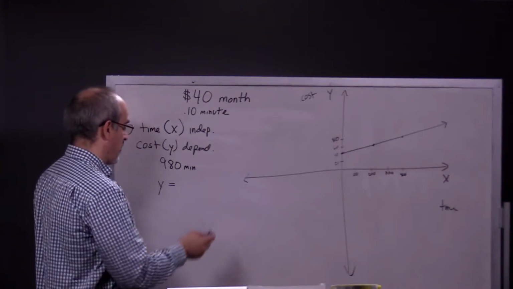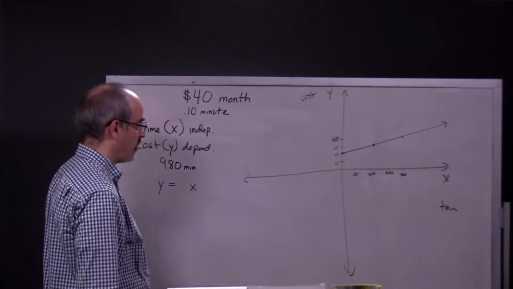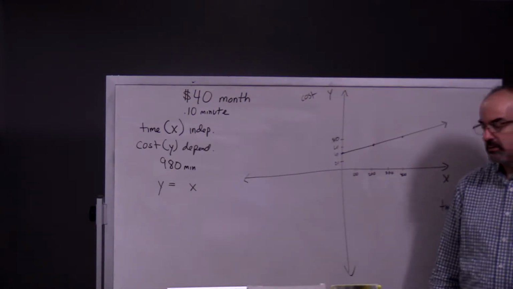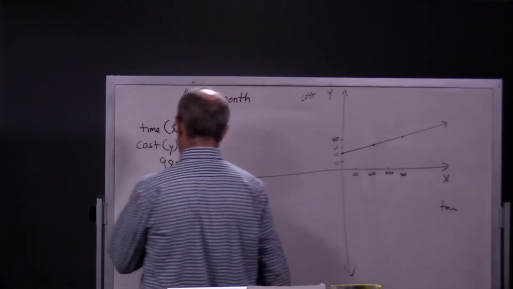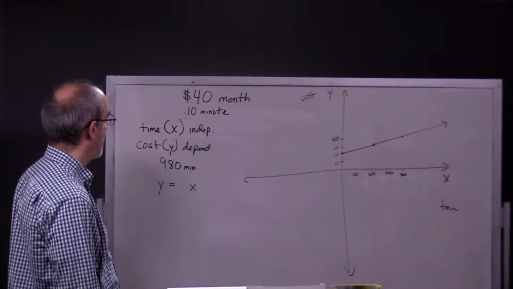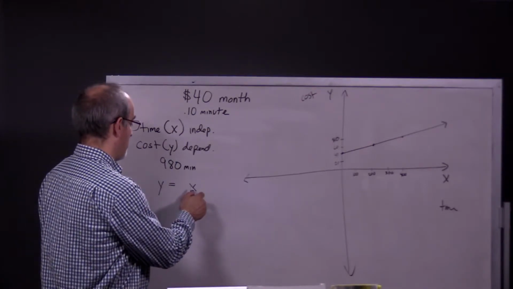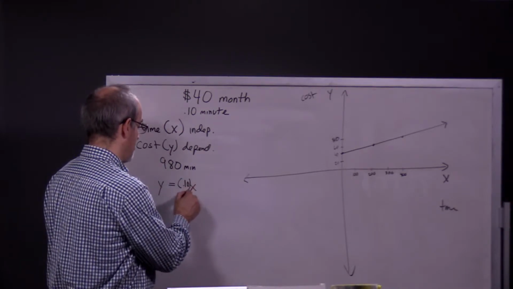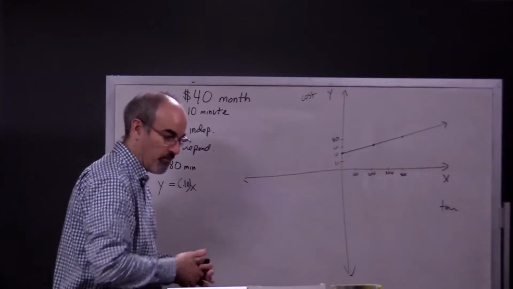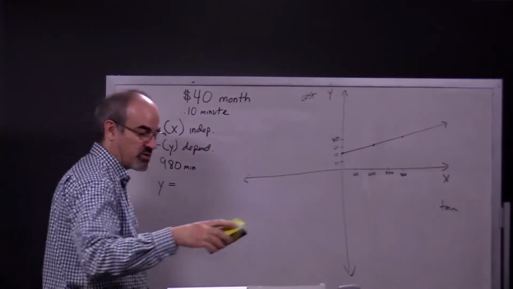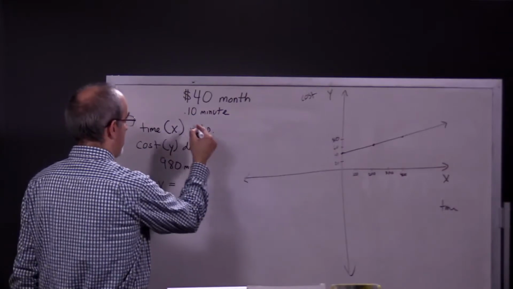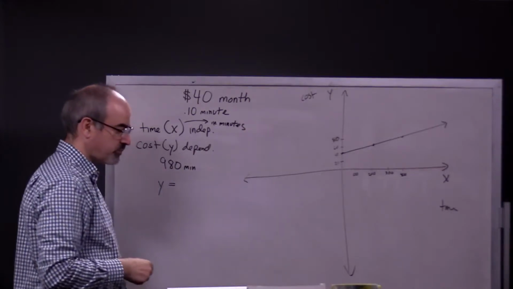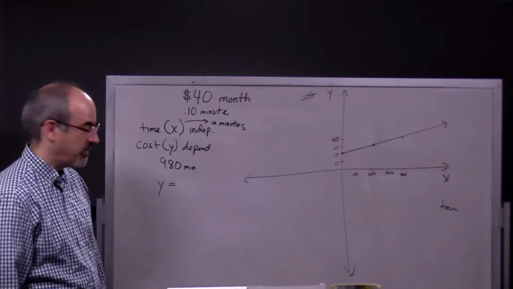Time is the x. We don't know what our time is beforehand. It's something that we're going to plug in, and I'm going to talk about evaluating functions too. Whatever this time is, we wind up multiplying it by 10 cents, because every minute, so time is x in minutes, that's the unit.